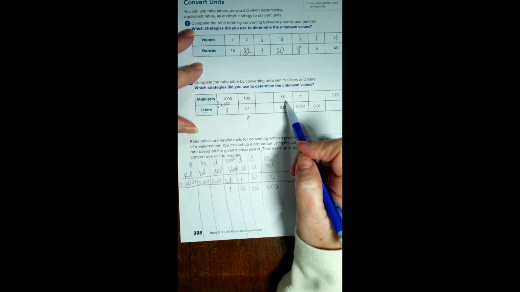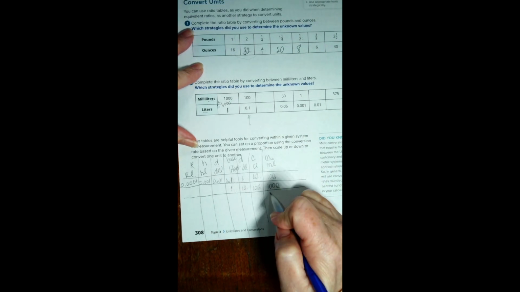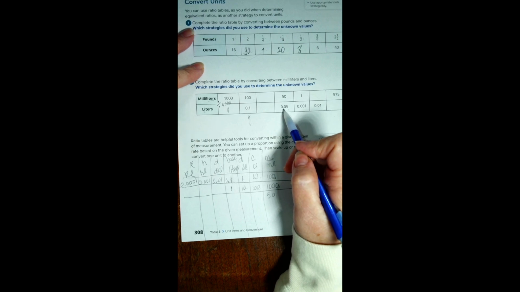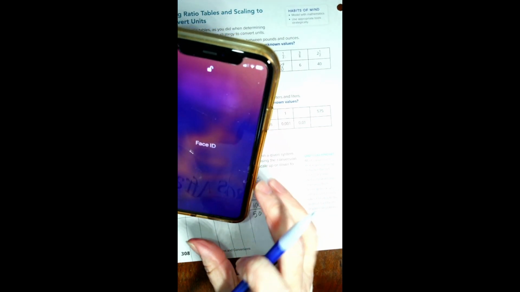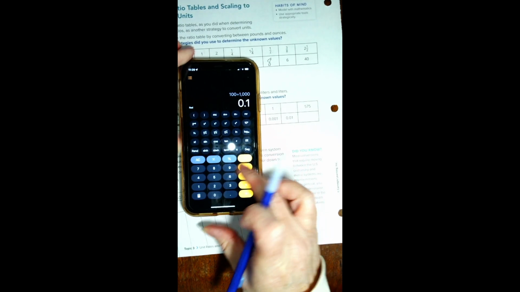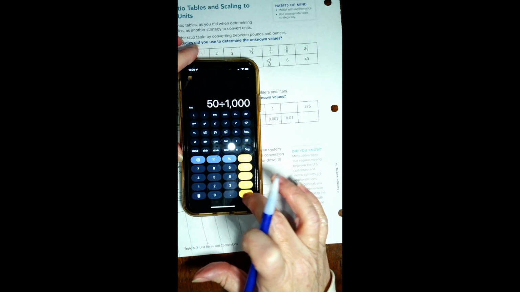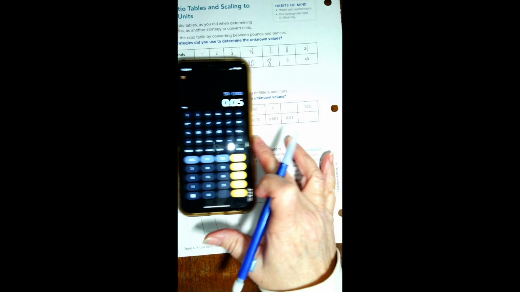Okay, let's do the 50. We're going to come back and fill in this other one. Let's do 50 milliliters. If we're at 50 milliliters and we want to go to liters, it has us at 0.05. On a calculator, 50 divided by 1,000 gives us 0.05.